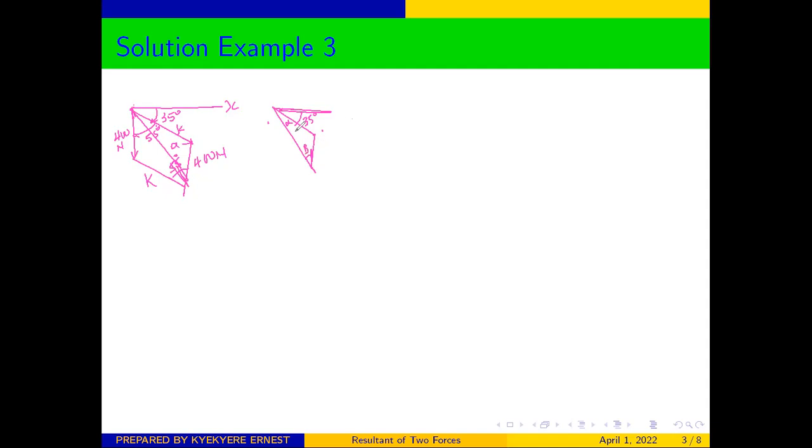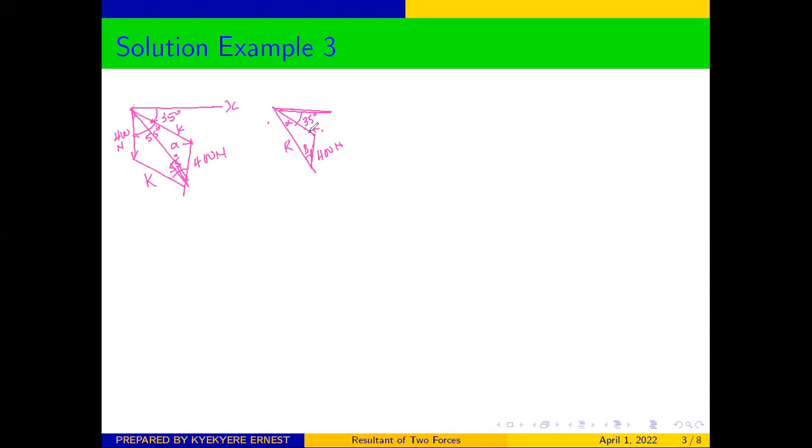This is our resultant, R. Then this side is our 400 newtons, and this side is the force K. But we know that the angle between K and the 400 newtons is 55.